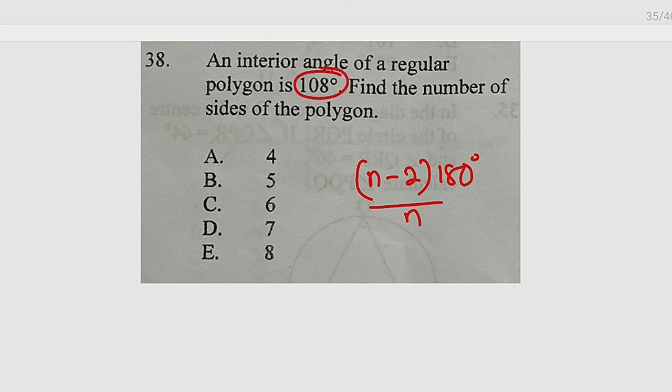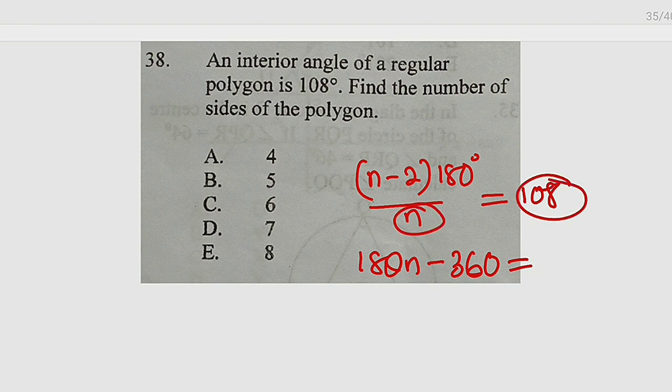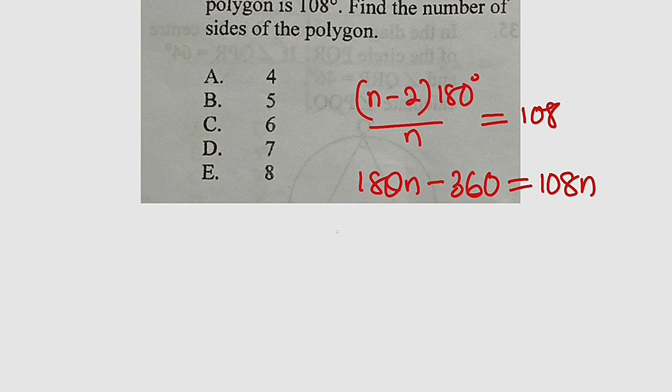But we are given it as 108, so we equate it to 108. Let's cross multiply and expand the bracket. n multiplied by 180 is 180n, then minus 2 times 180 is 360, and this is equal to n multiplied by 108, which is 108n. Let's collect the like terms. We have 180n.